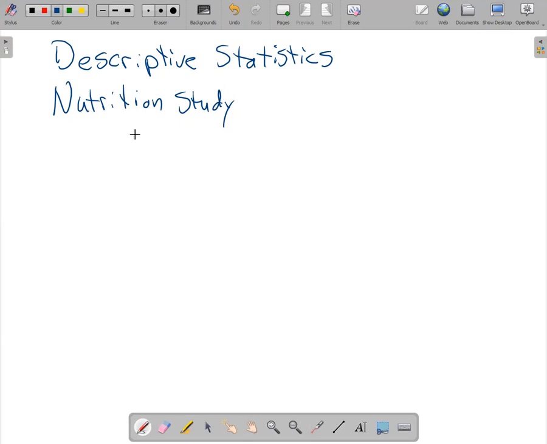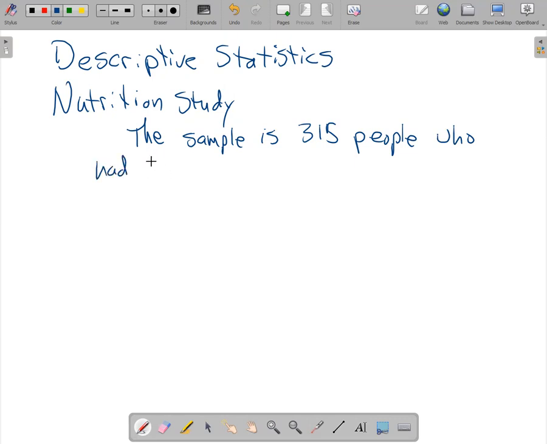And I think that's pretty straightforward. The sample is 315 people who had an elective surgical procedure, I think was the phrase they use.